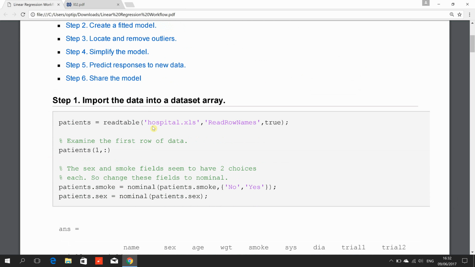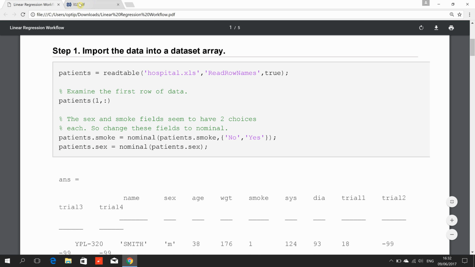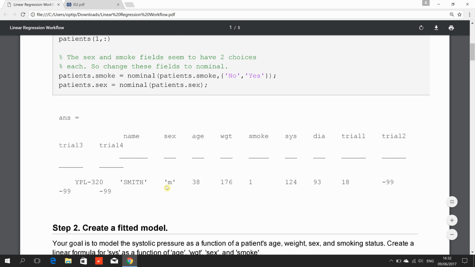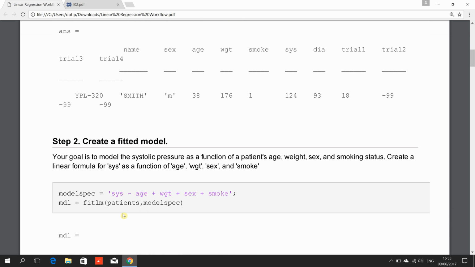So Matlab comes with this ready-made table of hospital values. It's an Excel format file, and we read it into a table like so. And we just showed the first record there. That's Smith, he's male, he's 38, he's 176 pounds, etc. And we're trying to work out our model here.